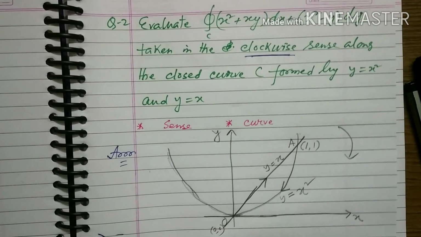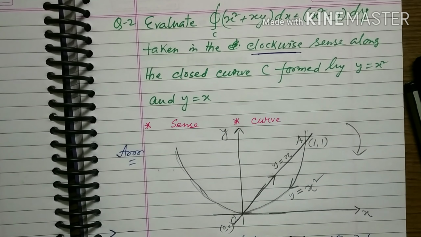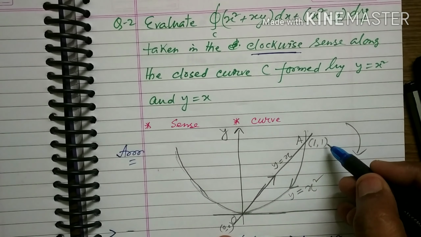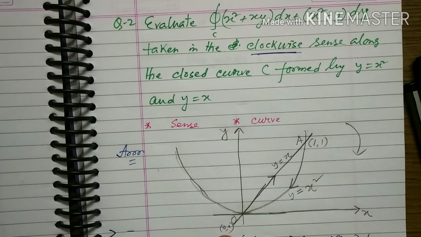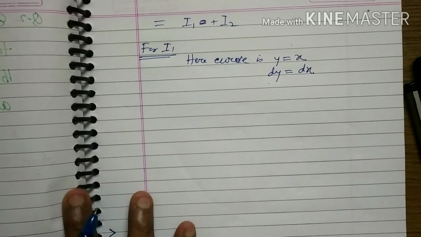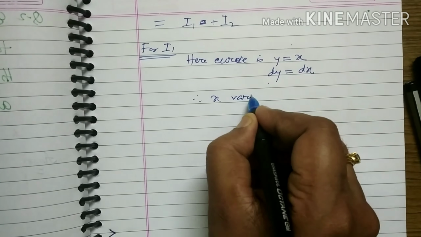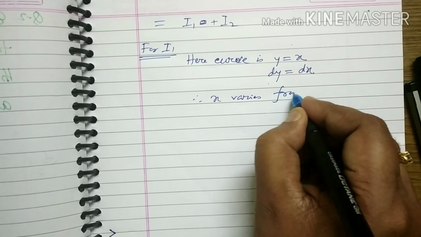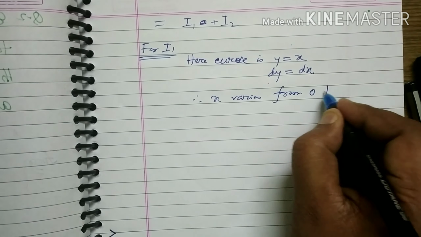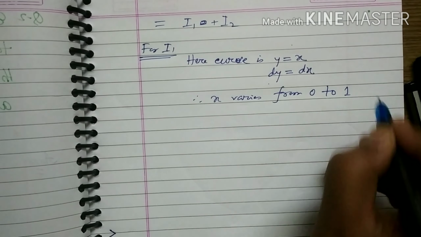When you replace y by x, your x varies from 0 to 1 and y varies from 0 to 1. When I replace all y in terms of x, only x is left. Therefore, x varies from 0 to 1. So I1 equals the integral from x equals 0 to 1.